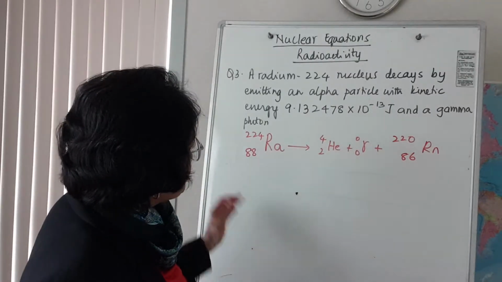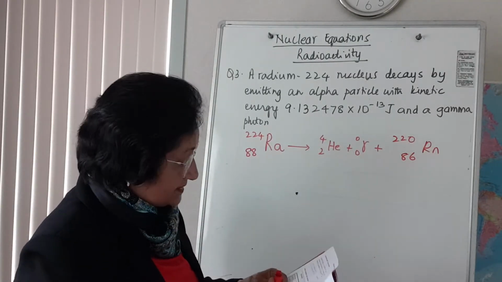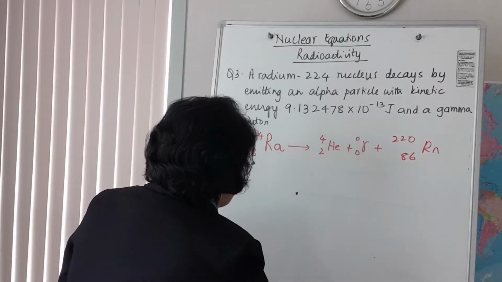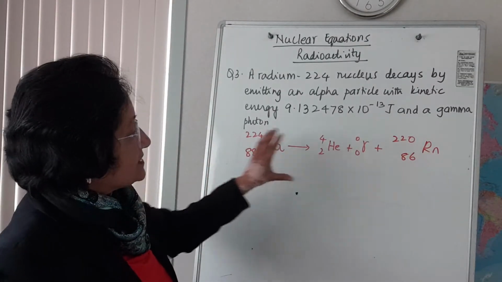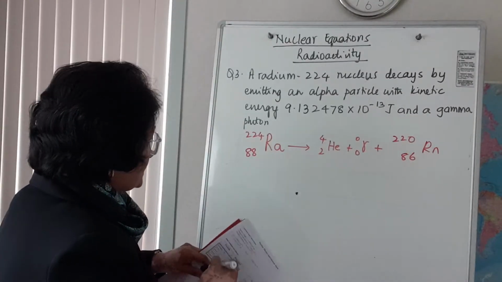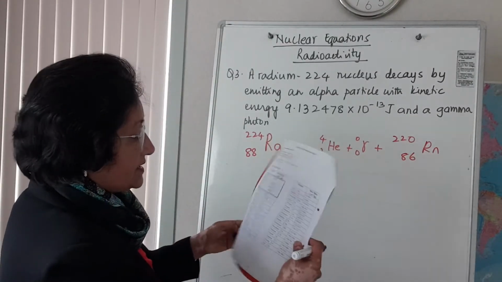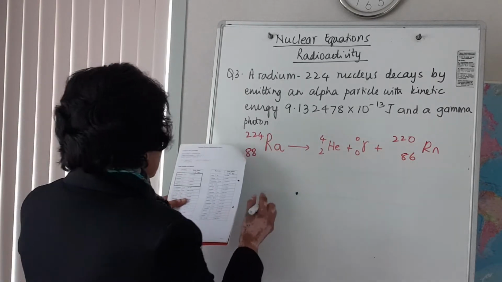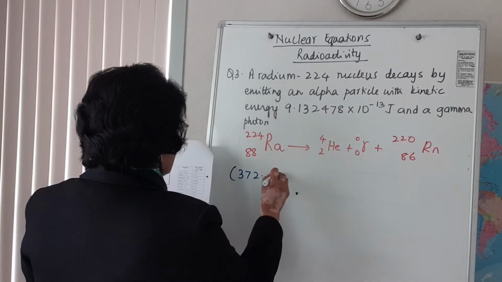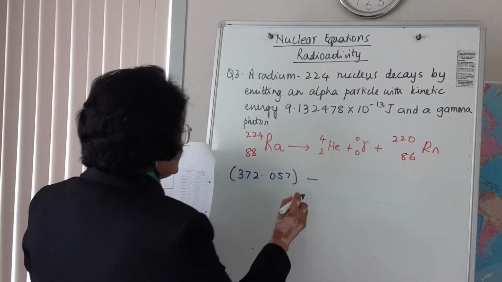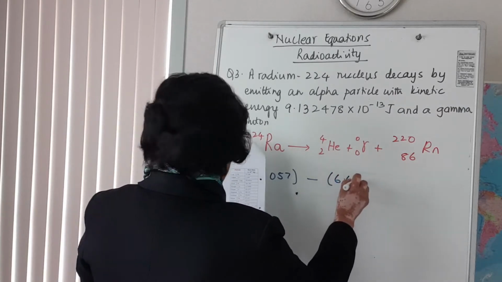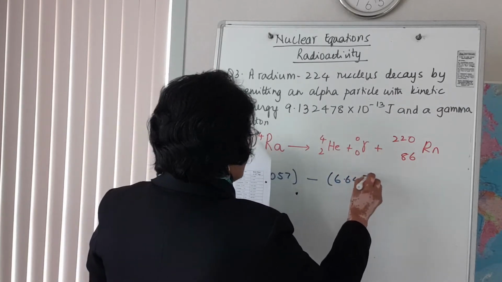And then the next one is the mass defect and the binding energy. So the mass defect is mass of the reactants minus mass of products. The mass of the reactant is the mass of radium that's given over here. That is 372.057 minus the mass of an alpha particle, which is 6.64591.